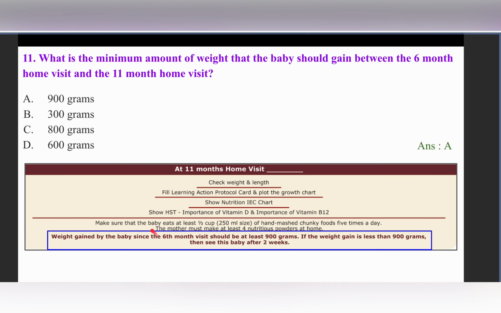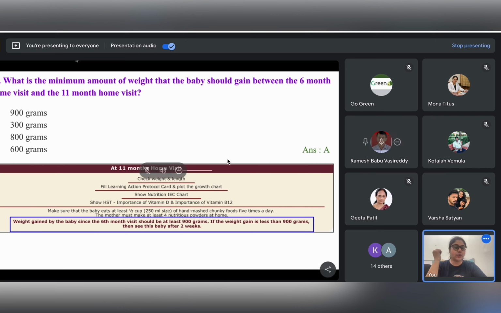So of course, as we were just telling, ideally from 12 months of age, it can be a monthly visit, or if a proper weight gain is seen, say for suppose at 11 months of age there has been a proper 900 grams of weight gain from 6 months, then a monthly visit can be scheduled as it is, right?